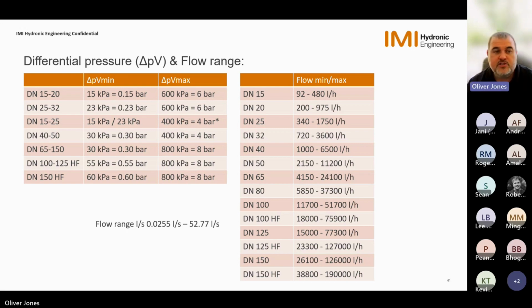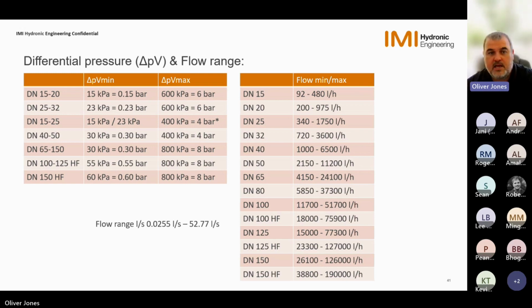With our high flow versions on the DN 100 to 125, we require a minimum of 55 kPa. So we can see we need larger available pressure in order to deliver those larger flows. And then the same with the 150 mil. We need 60 kPa as a minimum, up to 800 kPa as a max.